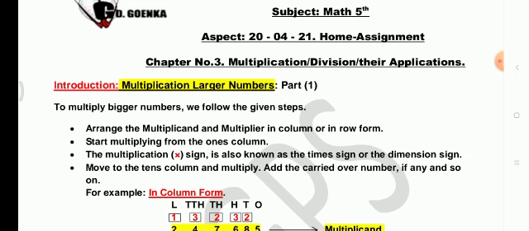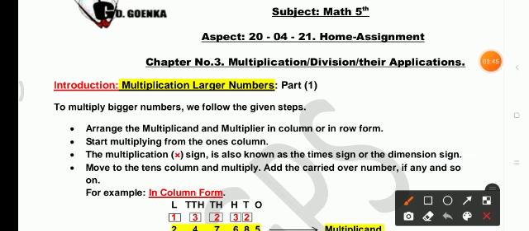Now students, let's learn how to multiply large numbers. To multiply bigger numbers, we follow the given steps. Step number 1. We have to arrange the multiplicand and the multiplier in column or row form. Then we have to start multiplying from the ones column.